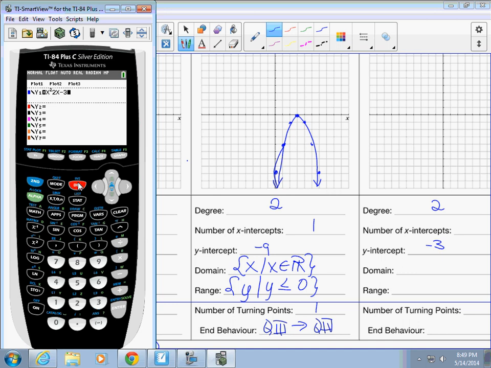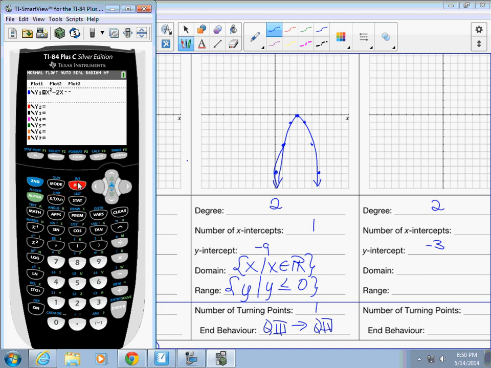Oops, I missed one here. Thought I would save time and it didn't. Minus 2x minus, whoops, not minus.